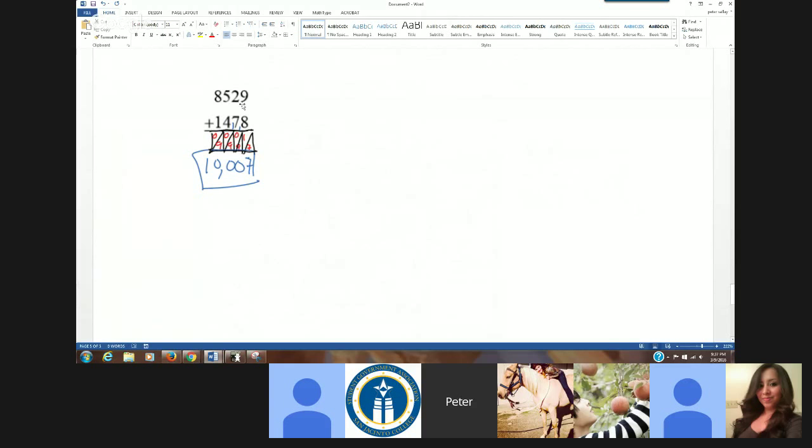So 8,500 would round up to 9,000, and then 1478 would actually round down to 1,000, and so my estimation would be that the answer should be somewhere close to 10,000. And so that's how front-end adjustment works, in that you're just looking at the first number and then deciding whether to round up to 9 or down to 8. Anyways, hopefully that helped.